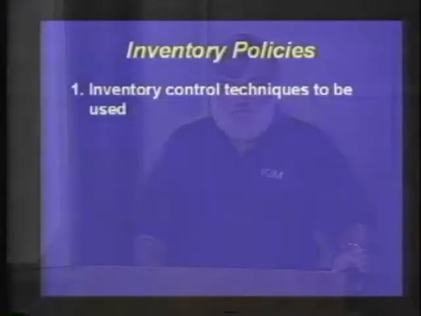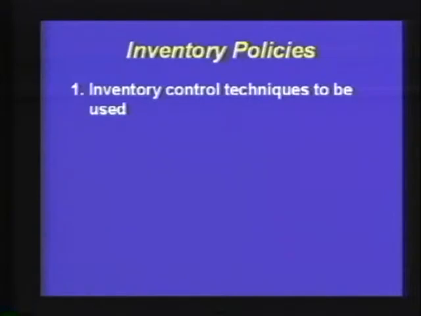Now, starting off on page 4A, we're going to address some of the key inventory policies. Let me identify these policies for you as I address each one. One is the inventory control technique to be used. That is going to be an integral part of our ordering matrix, which we're going to be looking at shortly.